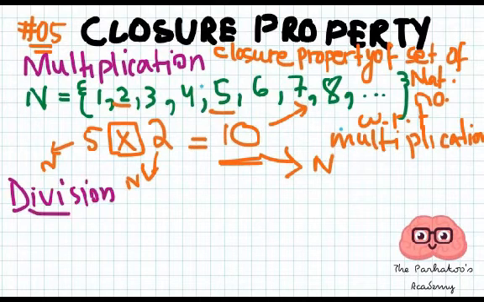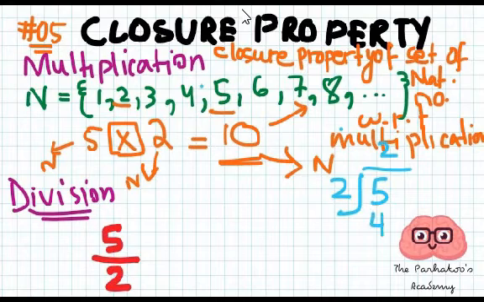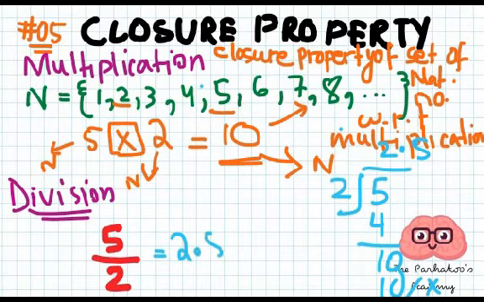Now let's see the case of division. If I divide 5 by 2, I would get 2.5. So 2.5 is not a natural number. Natural numbers are always solid, you can say, or they are whole.